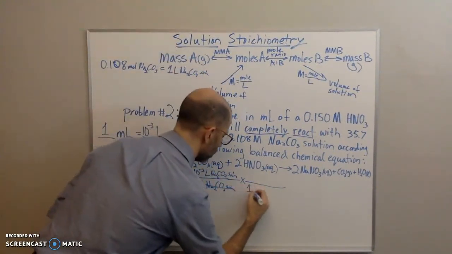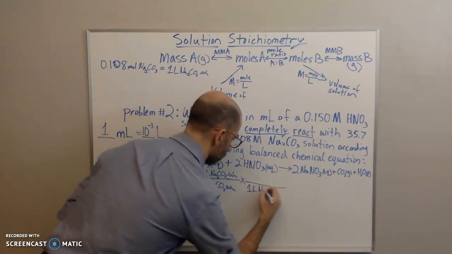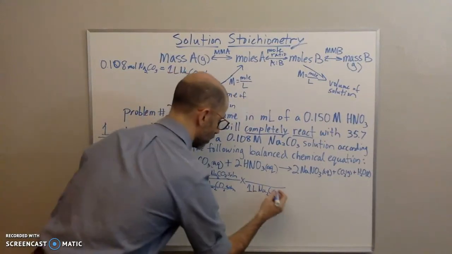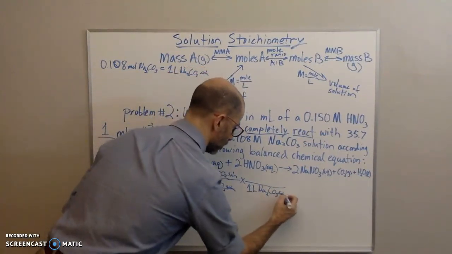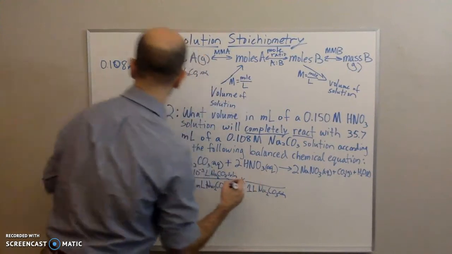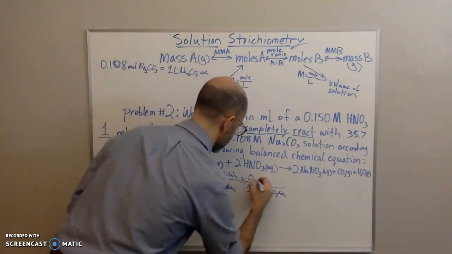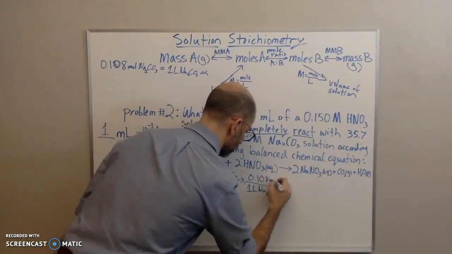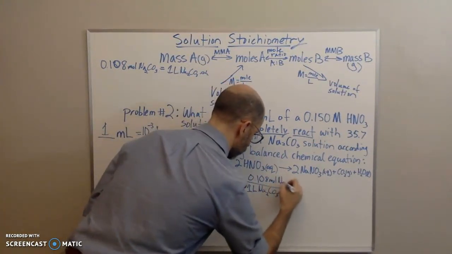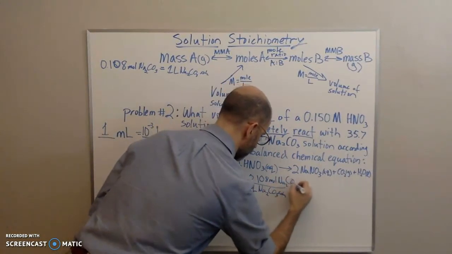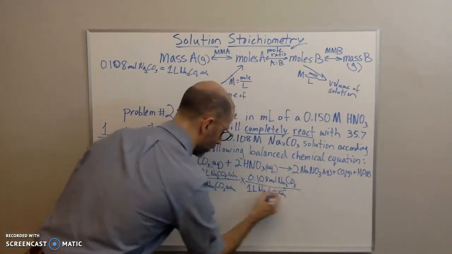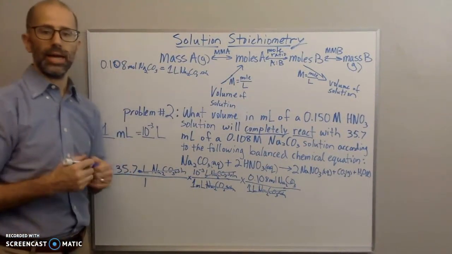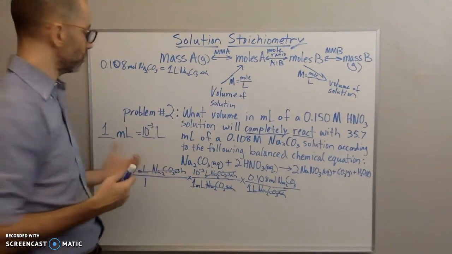So 1 liter of the sodium carbonate solution on the bottom, and 0.108 moles of sodium carbonate on top. So now the liters of the solution cancel out, and now I have moles.